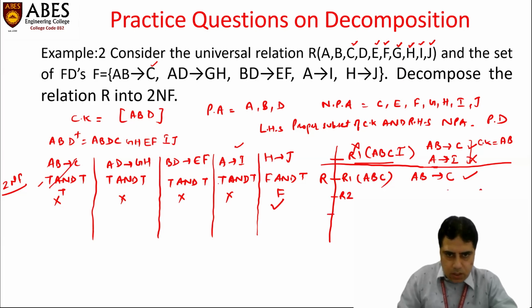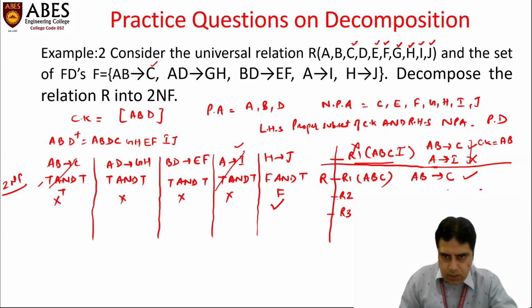Now R3 is a relation, AD determines GH. From A we cannot determine anything else that is left.